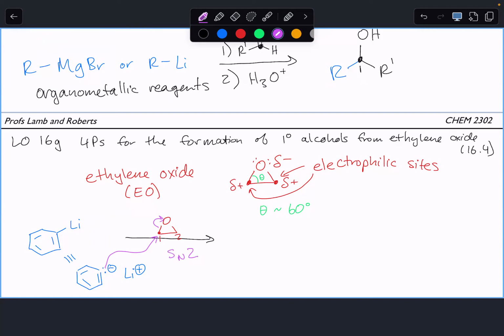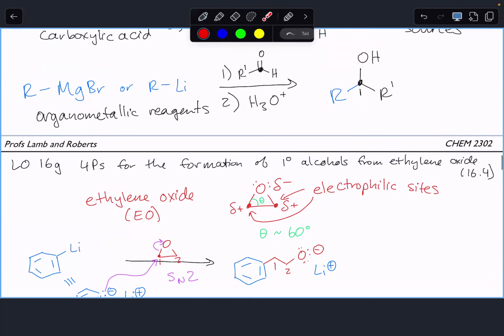So it's one step, happens all at once. And our nucleophile is attached to the one carbon, but our oxygen is still attached to the two carbon. And then lithium is still our counterion.